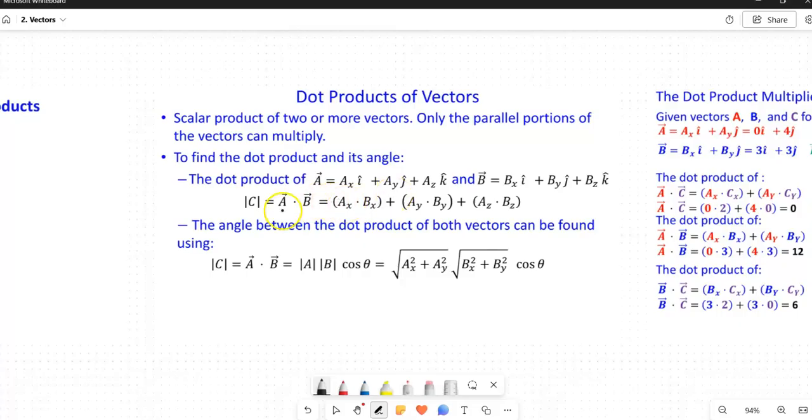So for example, A dot B would be the x direction component of vector A multiplied by B plus the y direction components of A and B, and then finally the z direction components of A and B. And then when you add them together, they will be the scalar component of a new vector.